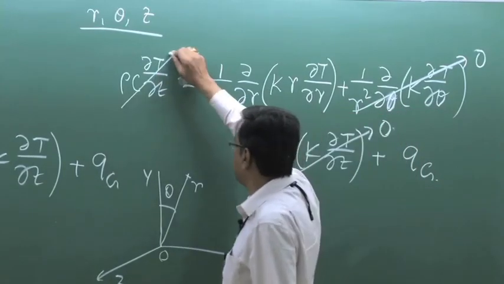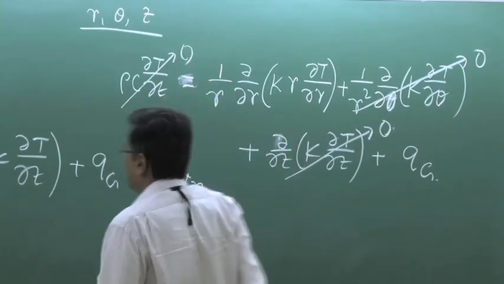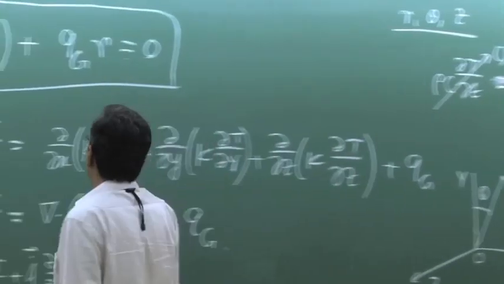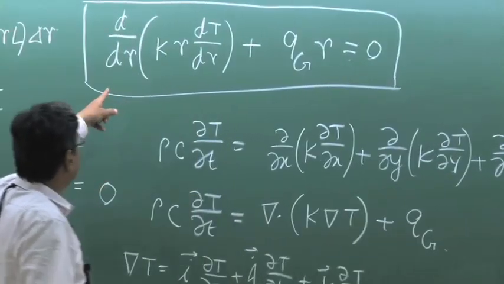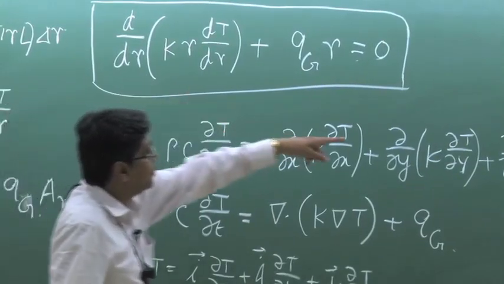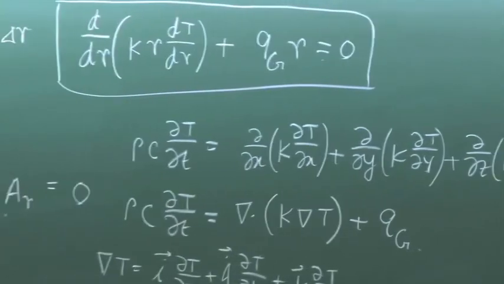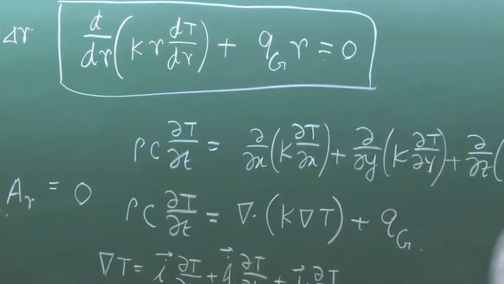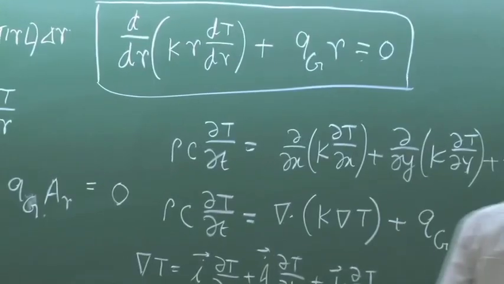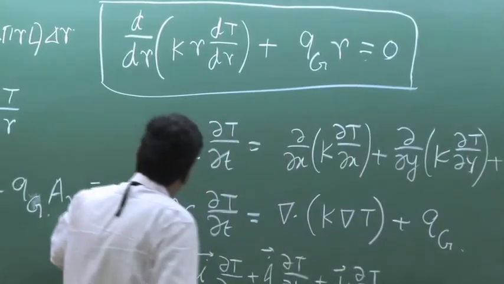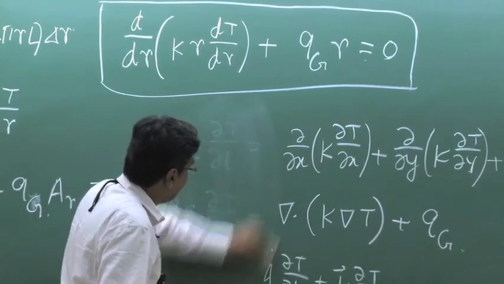And here, for one-dimensional, definitely you just ignore the other terms. And for steady state, one-dimensional, that means this equation becomes 1 by r, and del/del r you write d/dr.